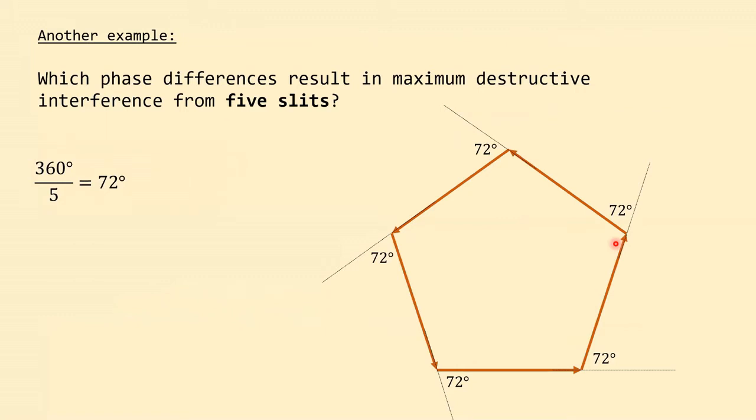But when you uncover all 5 slits, it's kind of counterintuitive, right? You would think that when all 5 slits are uncovered, you'd have more bright light at that point on the screen than you would with just 2. But that's not how waves work. That's not how interference works. So 5 waves actually interfere destructively, and you get less light than you would with only 2.